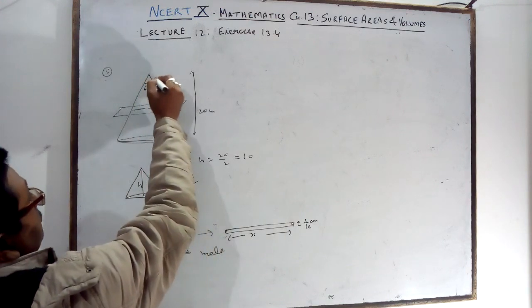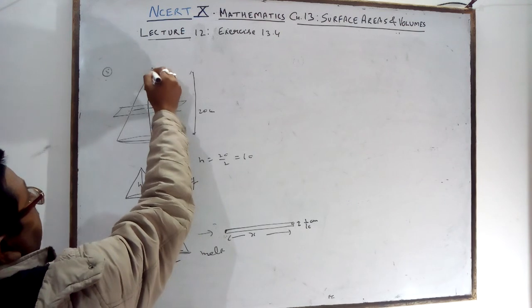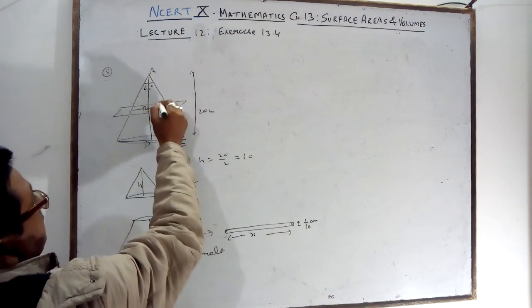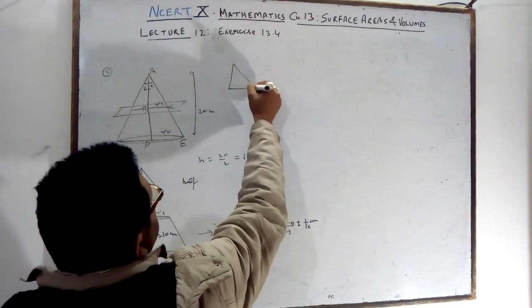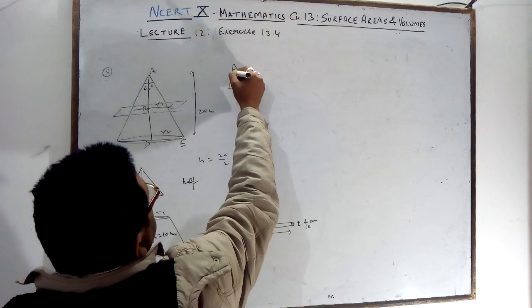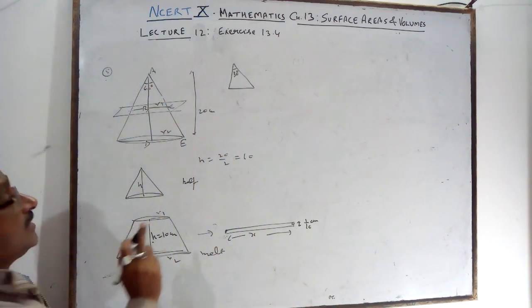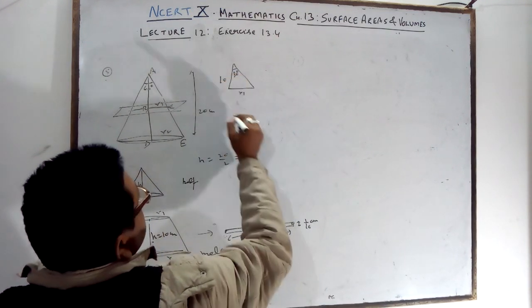Now how will you do it? For this, first you draw a figure like this: A, B, C, D, E. It is R1 and it is R2. Apply the triangle here. It is 30 degree, because in an isosceles triangle the altitude bisects the vertex angle. So you get 30 degree. Here R1 and it is 10.